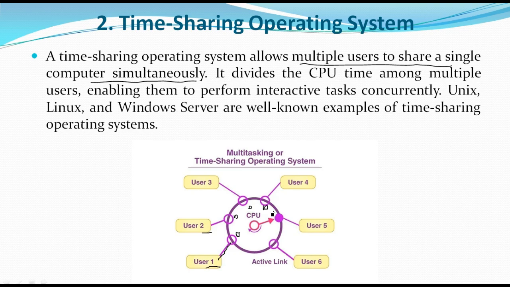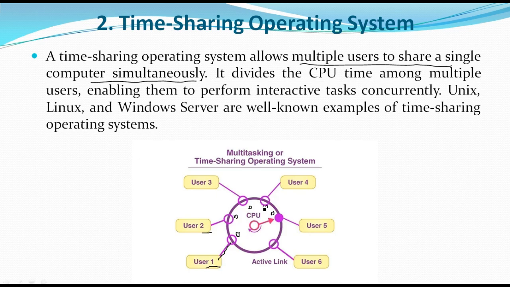Simply understand that in the time sharing operating system, when multiple users are accessing the same CPU, all the tasks are performed concurrently by the CPU with the help of these time quantums.